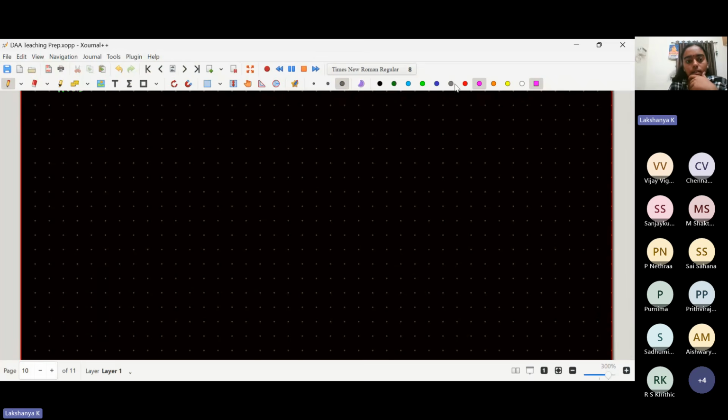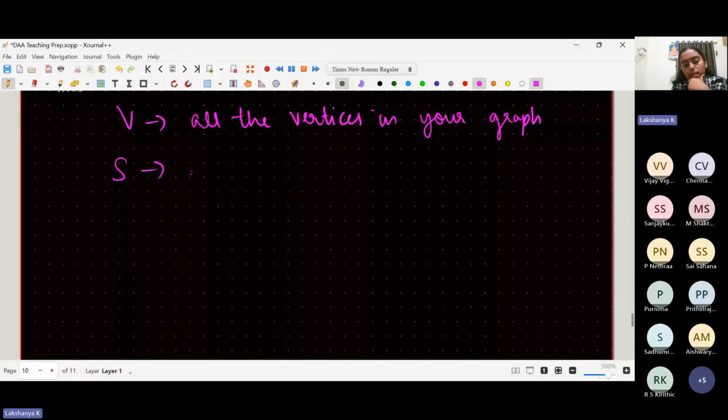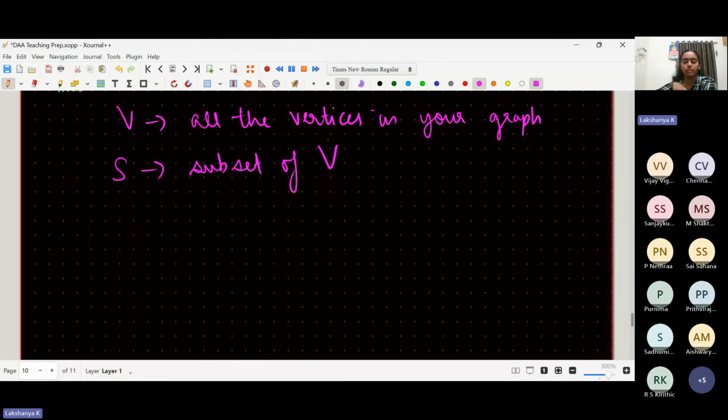Okay. You have V, which is the set of all the vertices in your graph. You have S, a subset of V, meaning some subset of the vertices you have taken.